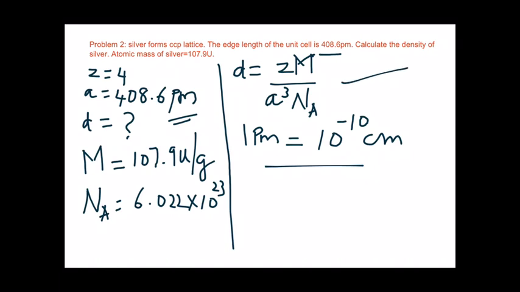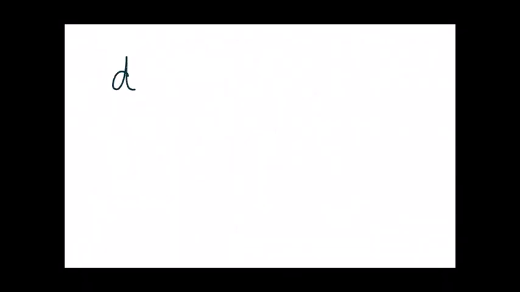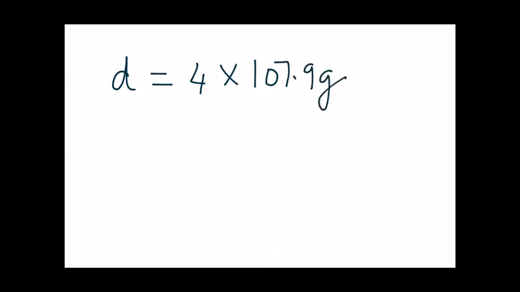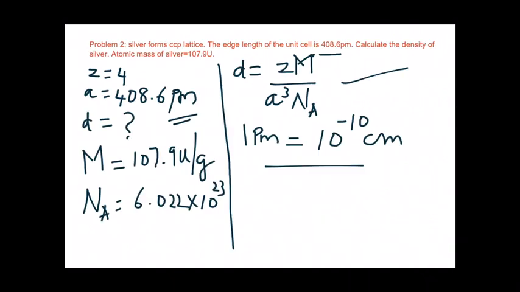So let us substitute all this in this equation. d is equal to Zm by a cube Na. We'll take the next page. So d is equal to Z is 4 into molar mass 107.9 gram divided by a cube. a is 408.6 picometer.